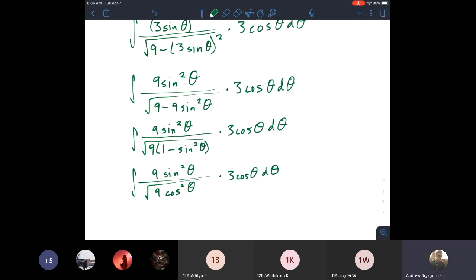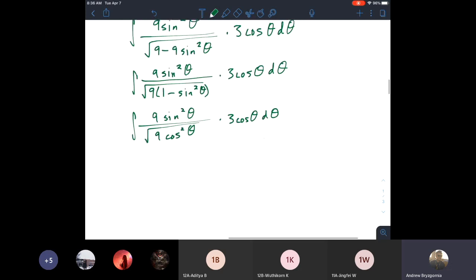And now you should be able to see that this square root down at the bottom is going to be able to cancel with the 3 cosine theta that we have at the end.